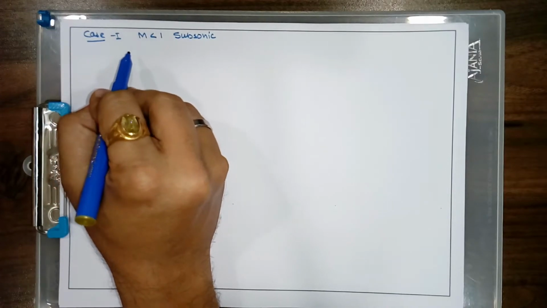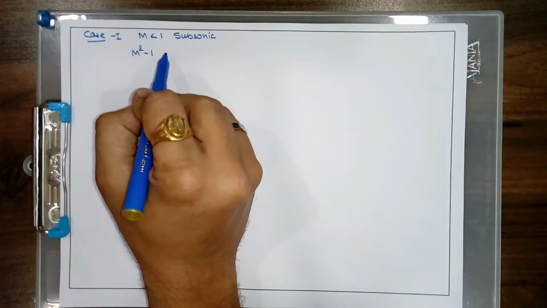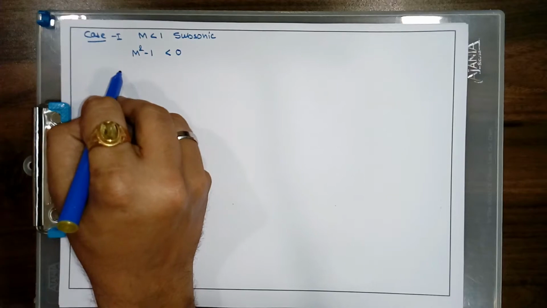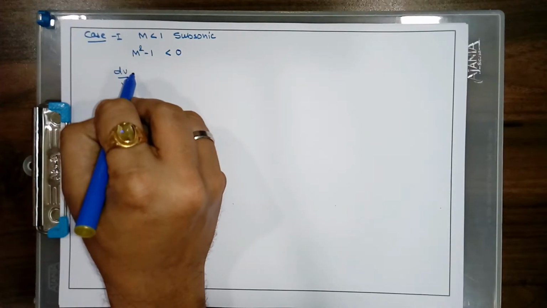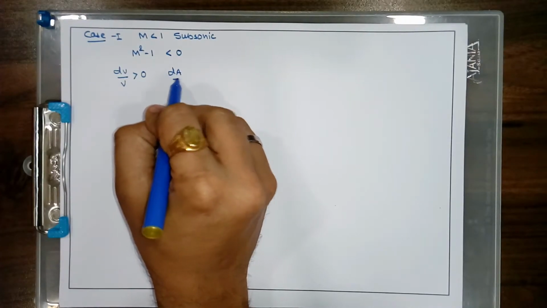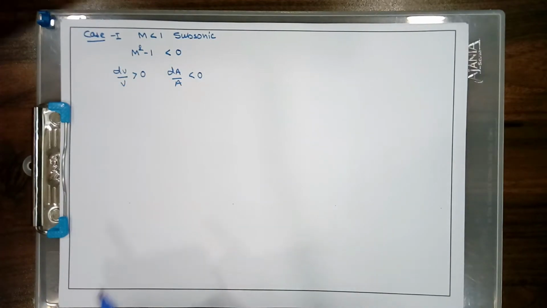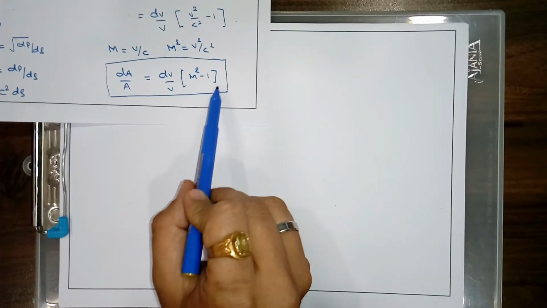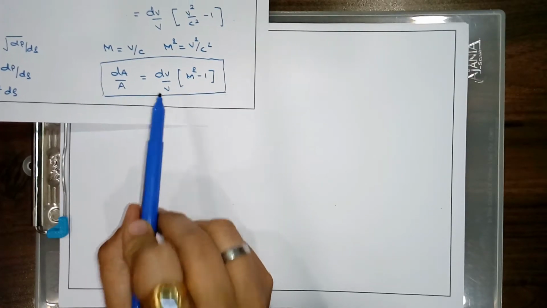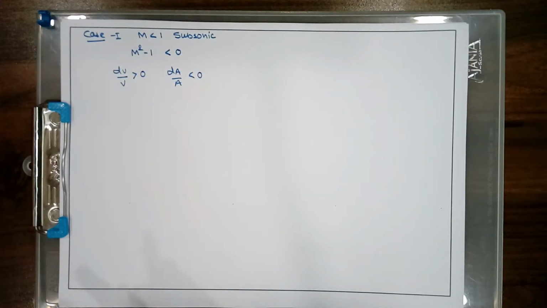Here the term M square minus 1 is negative, less than 0. So if dV by V increases, dA by A decreases, because this term has a negative value. So dA by A equals minus dV by V. It means if velocity increases, the area decreases.